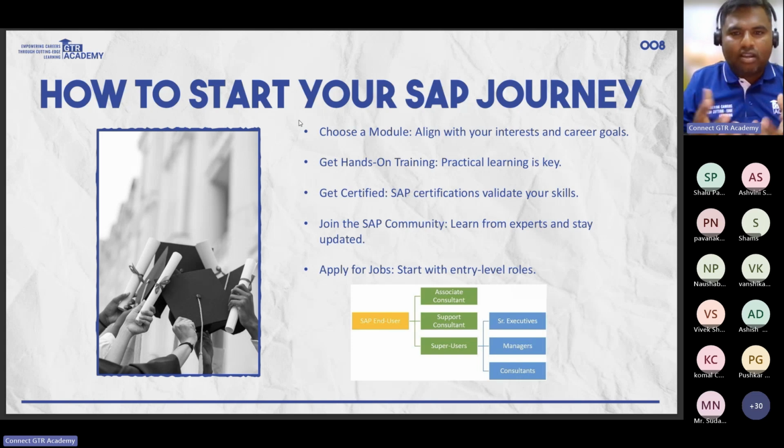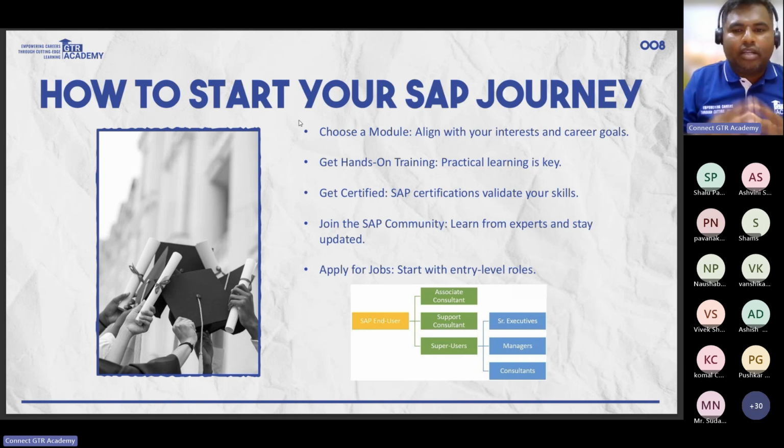And once you get trained and you want to go for certifications, it will validate your skill set as well. So we will provide the required support to go for SAP certifications. SAP certifications are globally recognized, and you can produce your certifications anywhere to prove your skill sets.